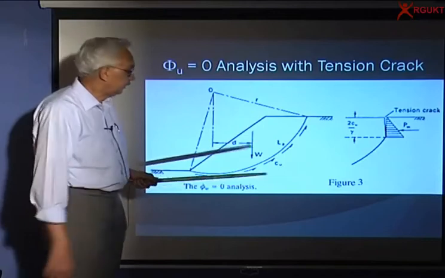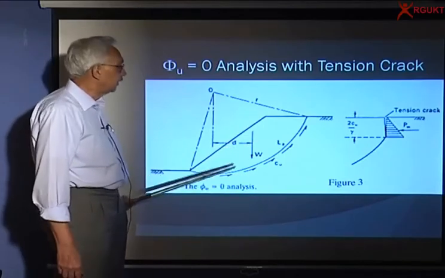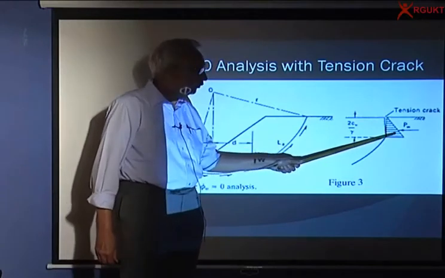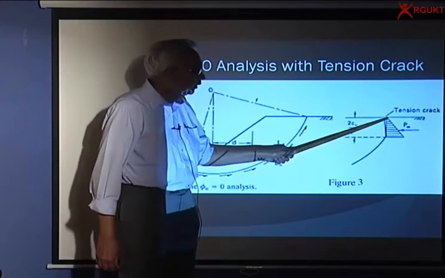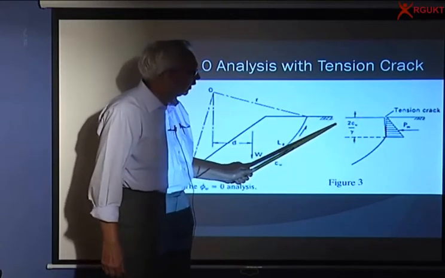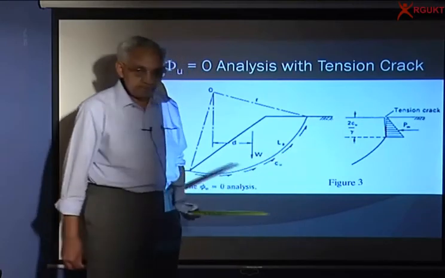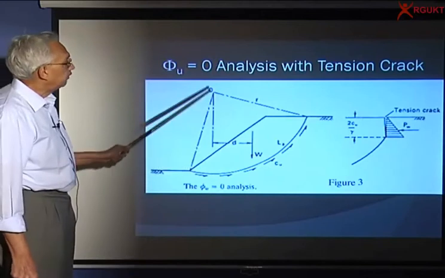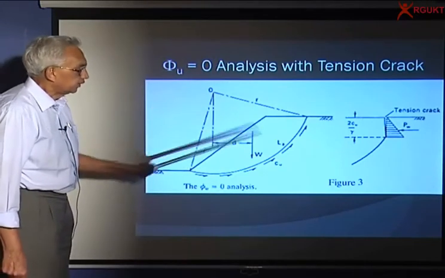In the phi naught analysis, phi u analysis, you have to consider the additional force due to water pressure. The maximum depth of crack is generally 2Cu by gamma, which we have determined from the capillarity, and we find out the factor of safety.